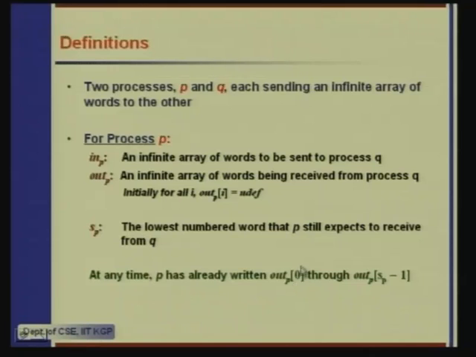So, at any time P has already written the words out P 0 through out P SP minus 1. Why? Because SP is the lowest numbered word that P still expects to receive from Q. So, for all indexes less than SP, out P is already filled.